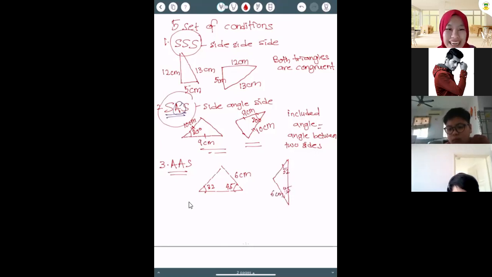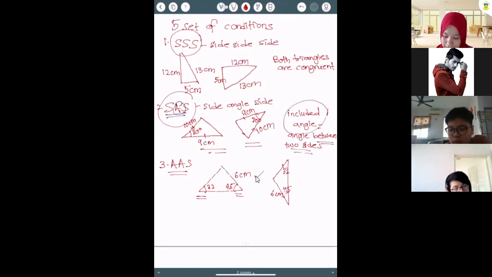So you call these triangles AAS congruent because there are two angles here, one angle, second angle, and this is a side. Teacher, just now you said included angle. Why this time you don't call it an included angle? Look at the included angle definition. It should be between two sides.